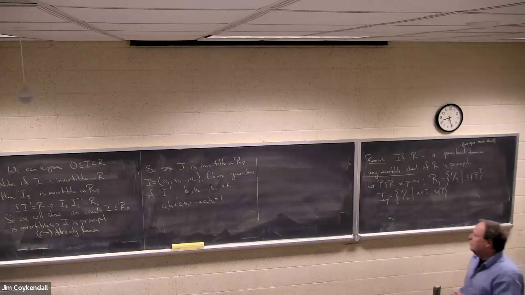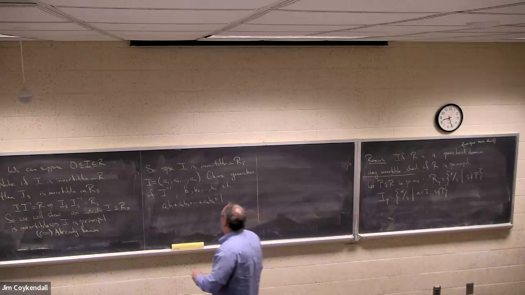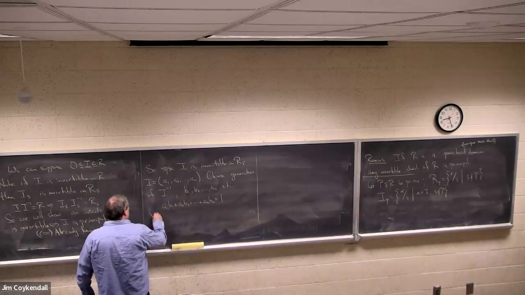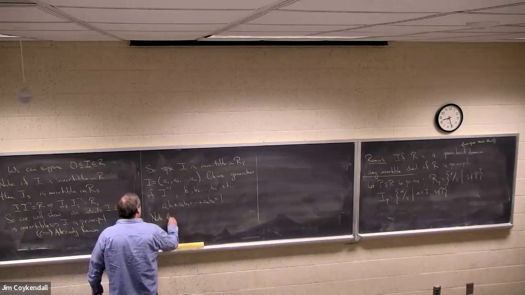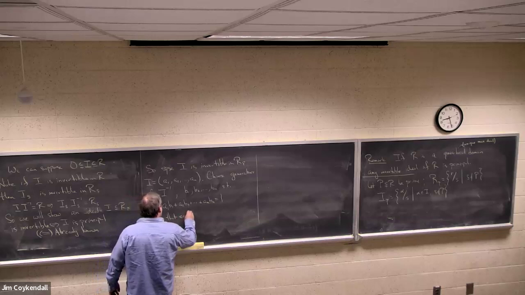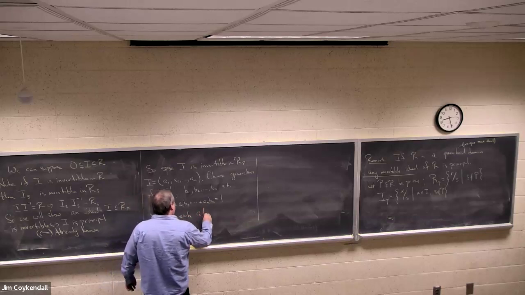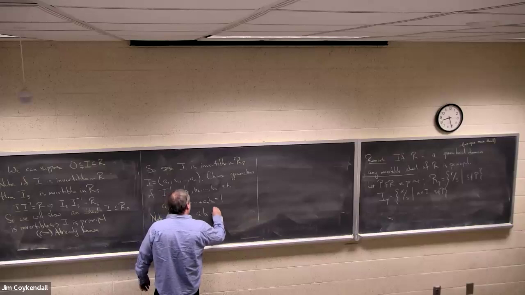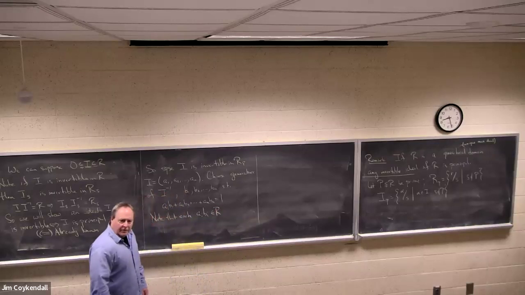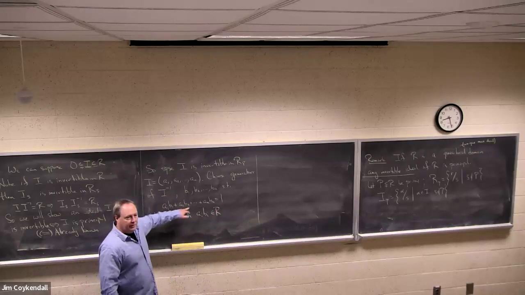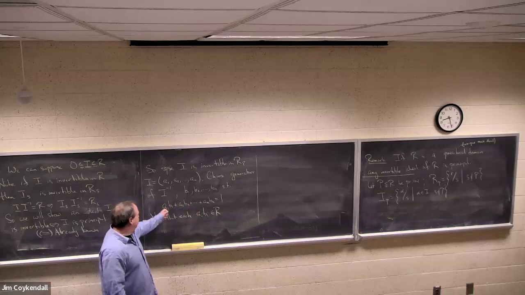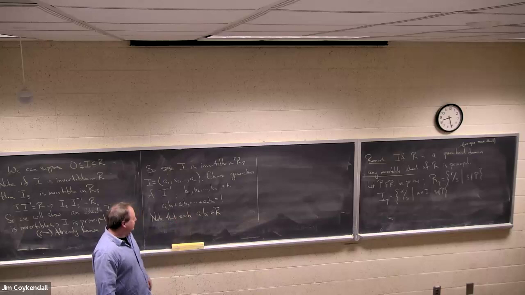Now, notice that each one of these little terms has to be in R, because this guy is in I and this guy is in I inverse, so their product has to be within R, right?